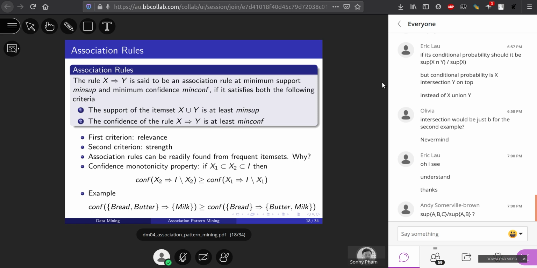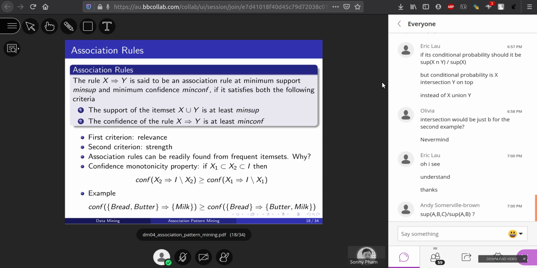We also have the min conf, which is something to measure the strength, how likely it will happen. So we have relevance and strength. If we have both of them, now we can define an association rule. So an association rule is always described in terms of the support and the confidence, right? That is the extension that we need to be aware of.